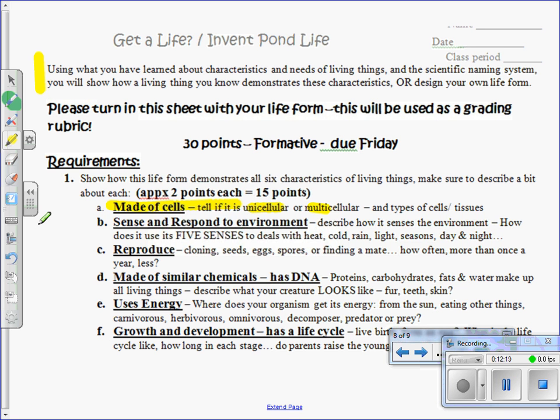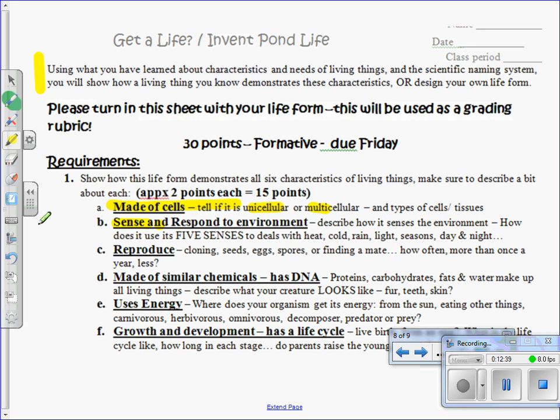So this part of the assignment doesn't have a huge amount of detail. You're just saying, this is a single-celled living thing. It's very tiny. Or this is a multicellular complex dragon, and it's huge. The second thing, hang on just a second. Let me get through these, and then I think we'll be able to answer some questions.